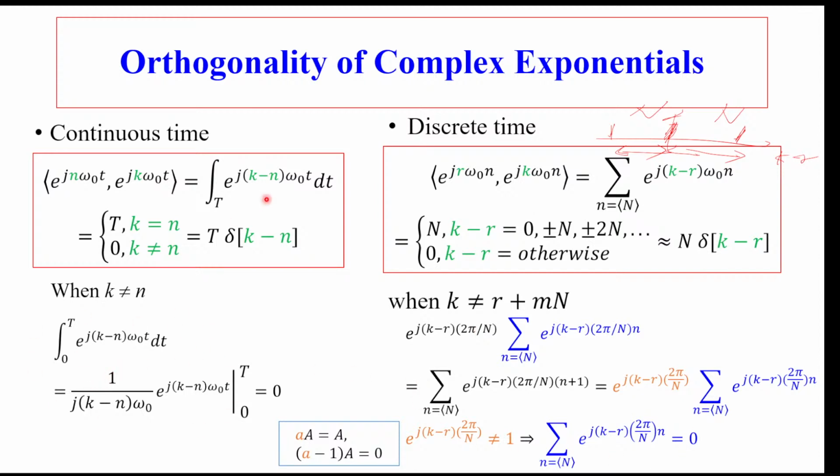But you can brute force the integration when k is not equal to n, as we did before. You can also brute force the summation when k is not equal to r plus a multiple of n.